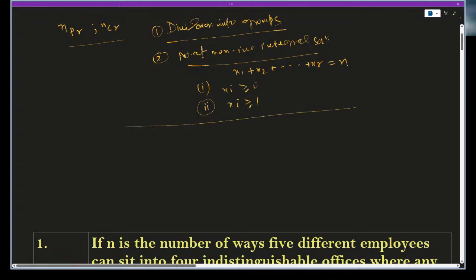These two are very important for your JEE examination. Maybe JEE Main, Advanced, WBJEE, whatever you are appearing for, you must know these two topics and their formulas properly.